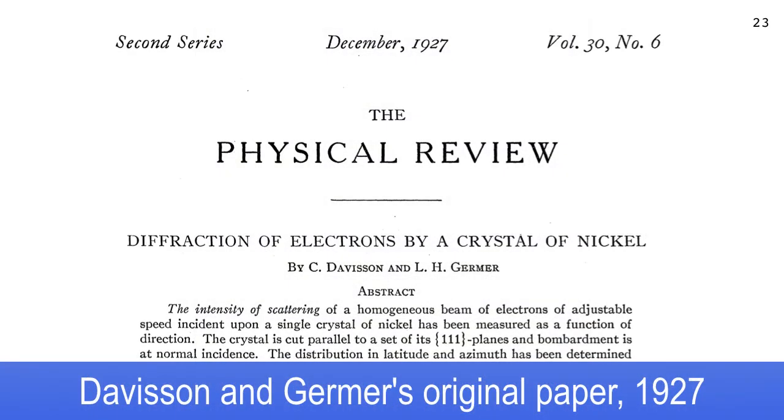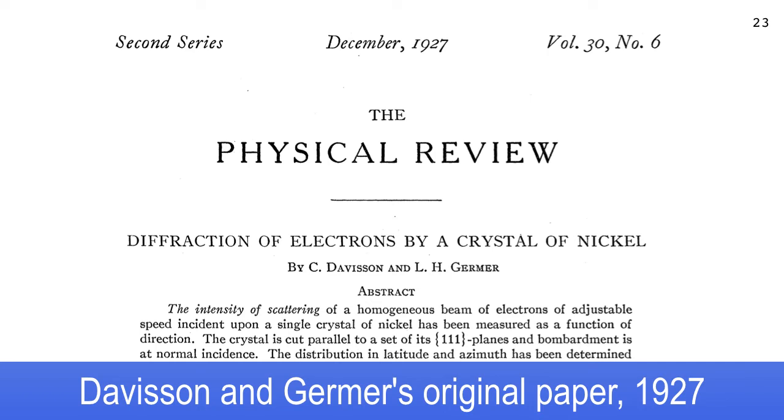Davisson and Germer. Here's their original article, December 1927. Look at that: the intensity of scattering of a homogeneous beam of electrons of adjustable speed. Look at the article. Come on, not on your phone. Look at the wording.